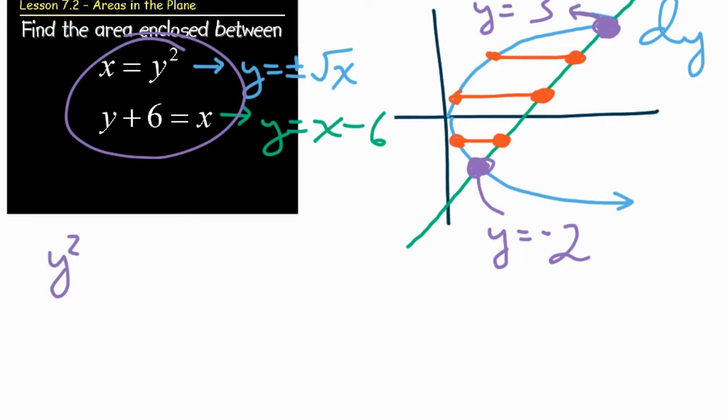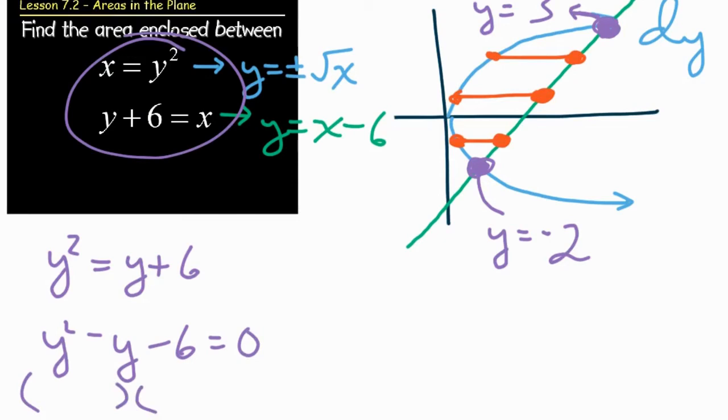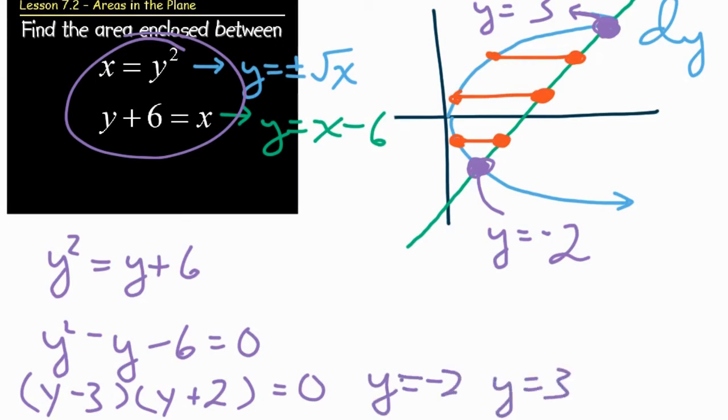If you do set them equal to each other, what you're really doing is solving them like a little system. Since they're both equal to x, they can be equal to each other, and then I can apply some pretty nice polynomial math where we can factor this and solve it for its roots. You see, I hope, that they come out to be the same. They come out to be y equals -2 and y equals 3. Do you have to do this without a calculator? No, you'll be able to have a calculator every time. I just wanted to show you that it can be solved with algebra.